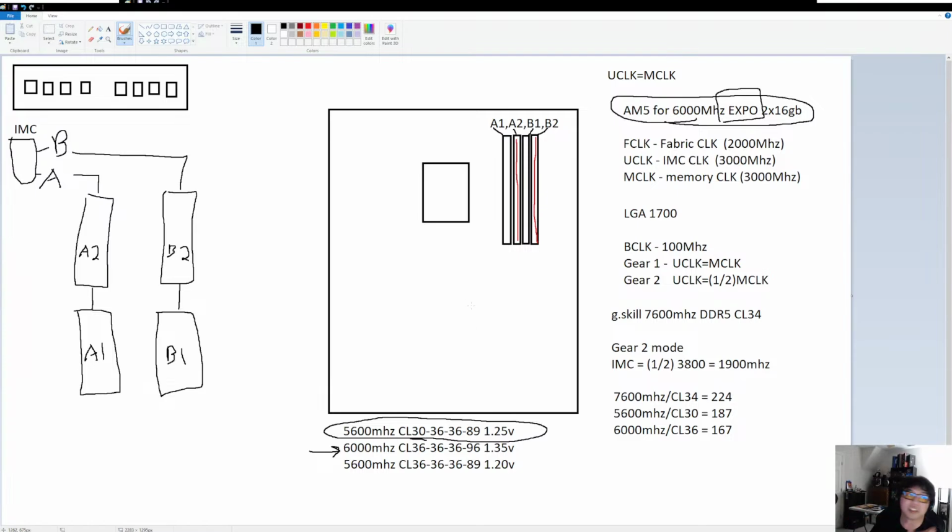The reason why you don't have to worry about it is because it's an official speed supported by AMD. Meaning, if you run 5200 megahertz, regardless of whether it's XMP or EXPO, it is an official spec by AMD, which means AMD does not consider it an overclock on the integrated memory controller on the Ryzen CPU.